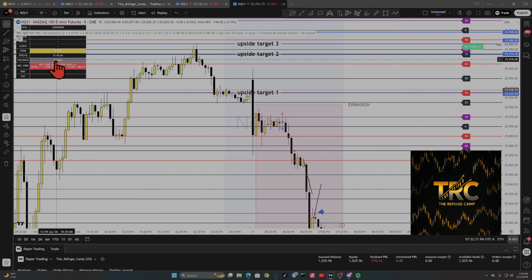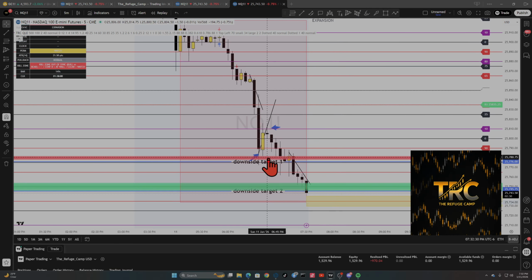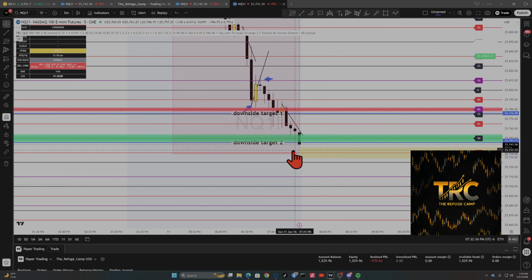And the first thing I want to point out is let's look at candles. Let's look at where the closes and the opens are. Let's look at where they line up with targets. Let's look at how they react when they get to a level.